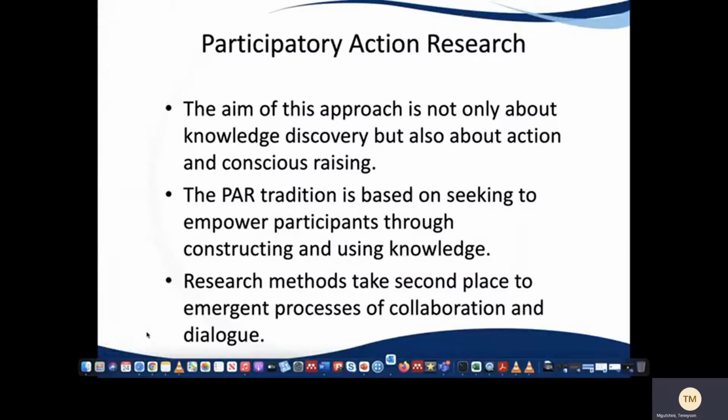Of course, the participatory action research, as you can tell from my description up to this point, is not just about fidelity or adherence to specific research. It is about doing action and conscious raising around particular issues.